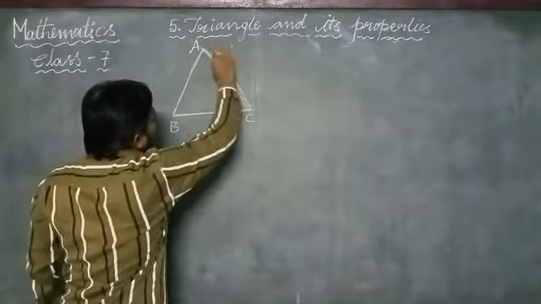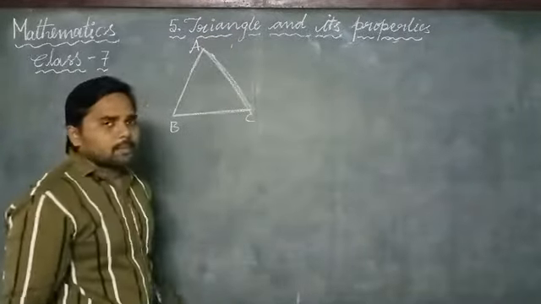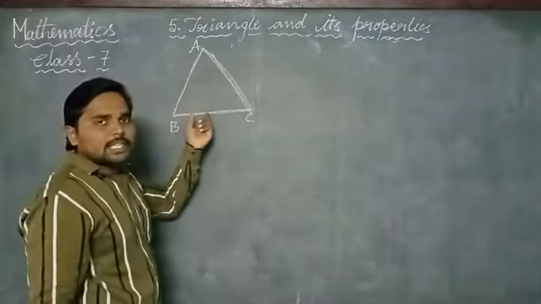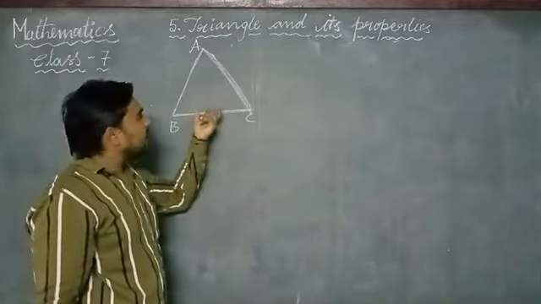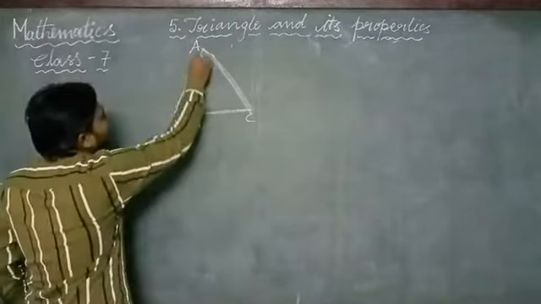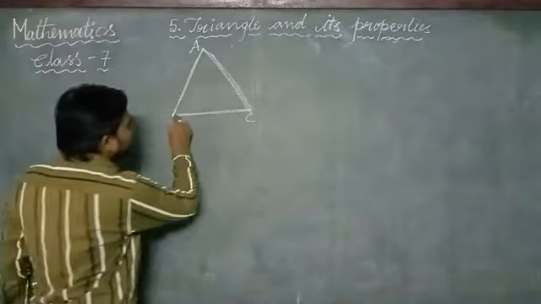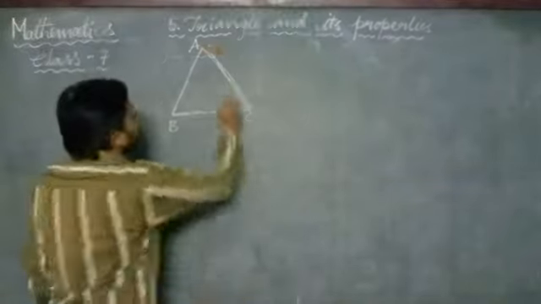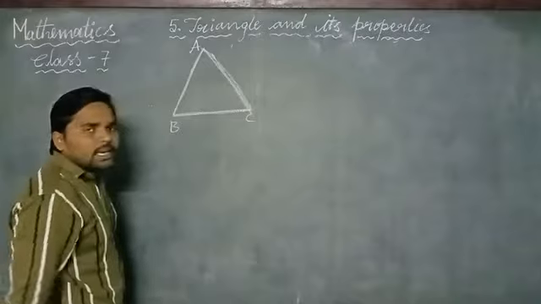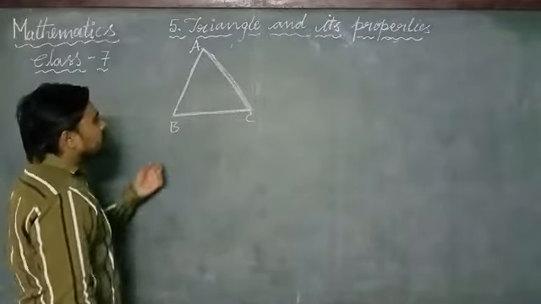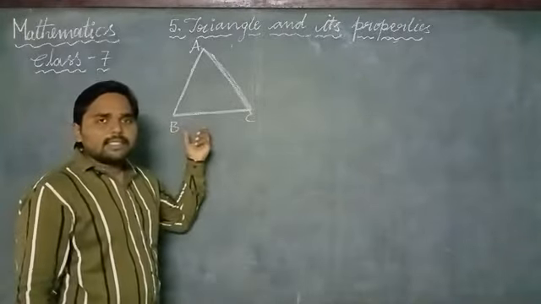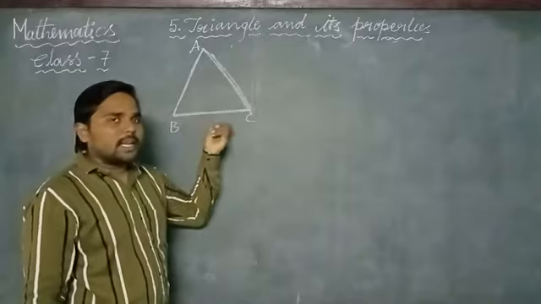The figure which is enclosed by three line segments. Here AB is a line segment, BC is a line segment and AC is another line segment. With the help of these three line segments we can draw the triangle.